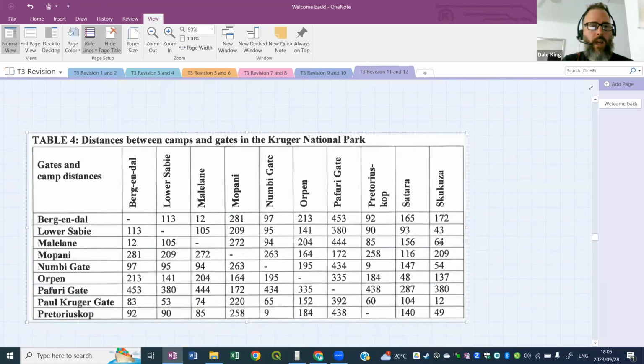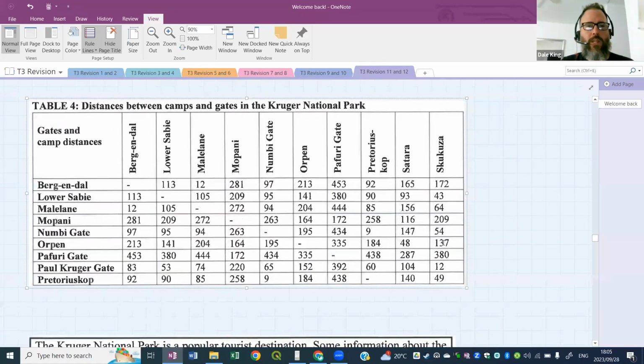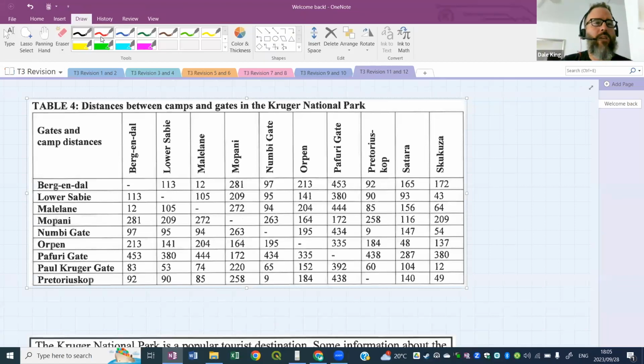Oh, by the way, there's also a table here with distances between gates in the Kruger National Park. You sometimes see this table with regards to distances between cities in a country or certain points in an area.